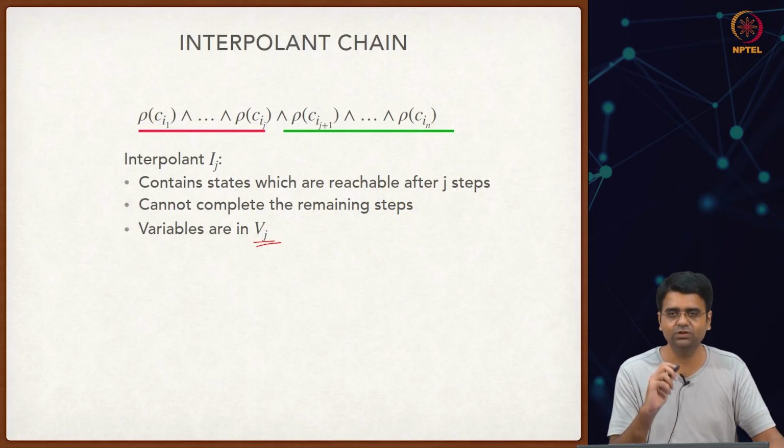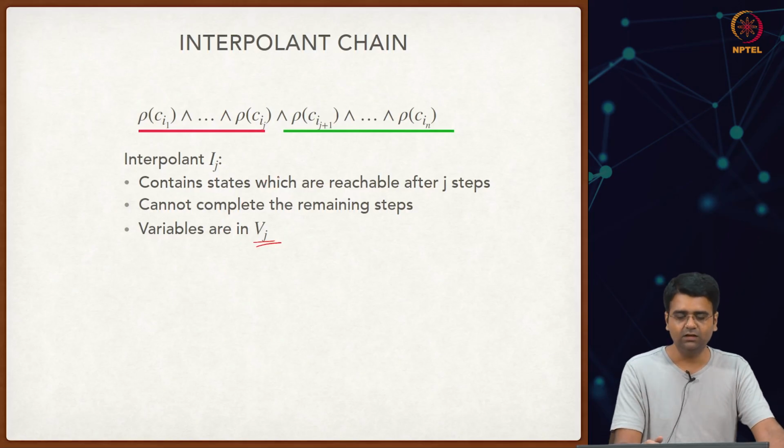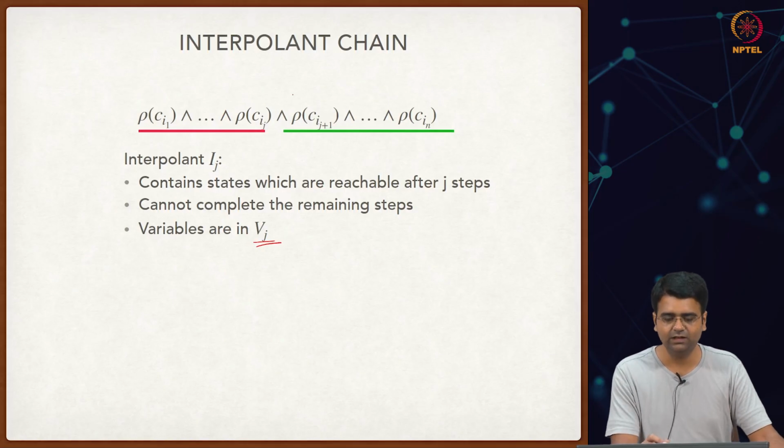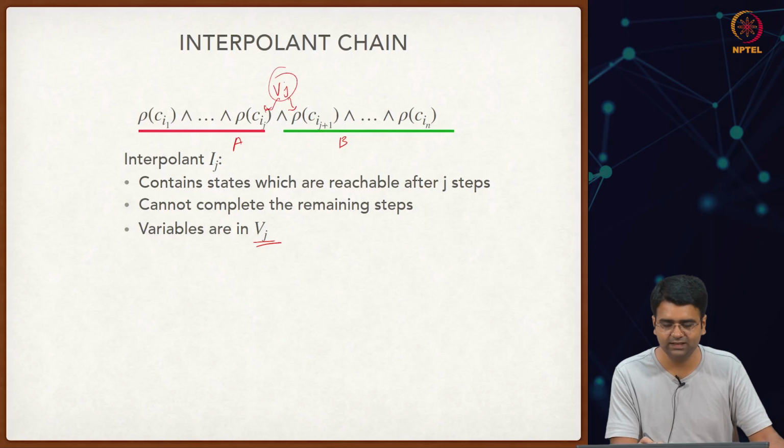So this is the most crucial step, and this is where we really need this property, that the free variables in the interpolant must be in the intersection of the free variables. So if you take these two formulas, this is A and this is B, what are the common variables in these formulas? You will notice that the only common variables are going to be Vj, because Vj is going to be the output of Cij and the input to Cij plus 1.